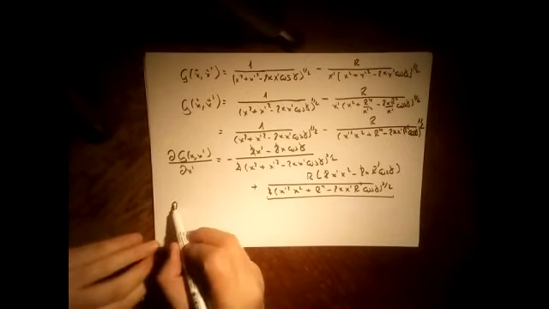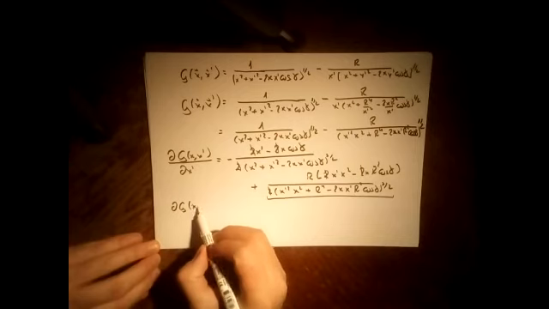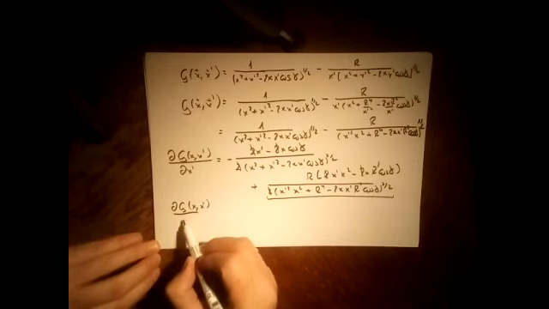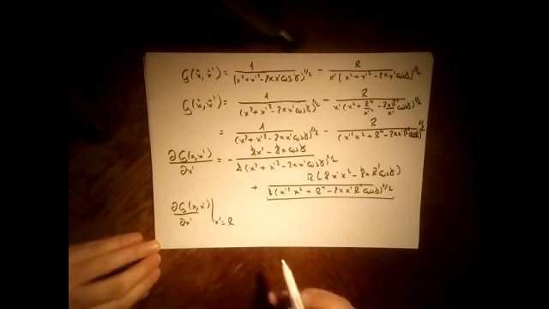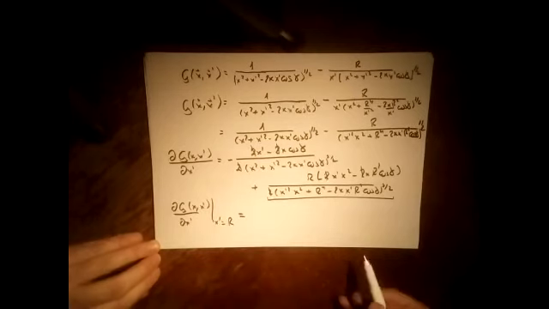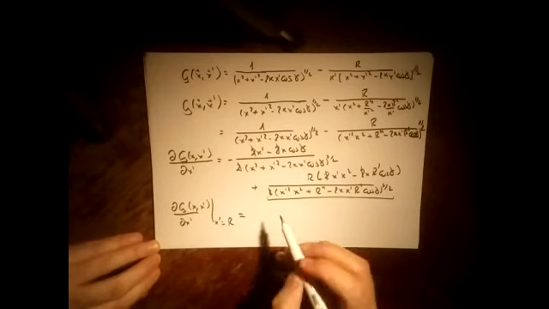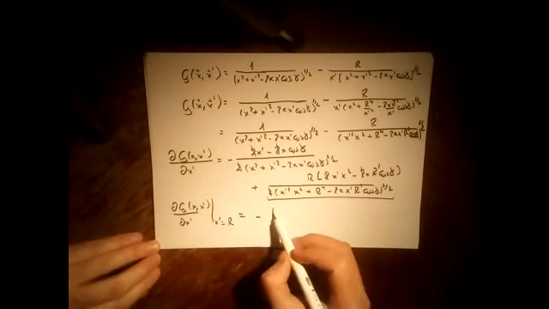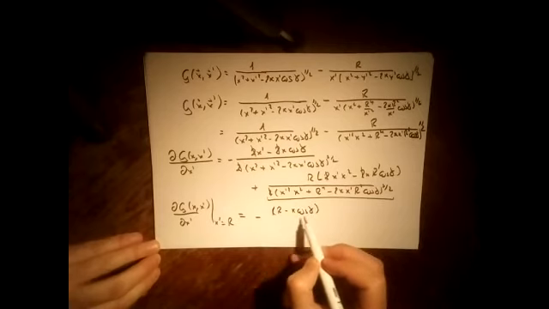So let's say partial g over partial x prime with x prime equals r. Well, that's going to be equal to, and I don't have space, so I'm going to continue with the second term on the next page, but it's going to be minus (r minus x cosine gamma).